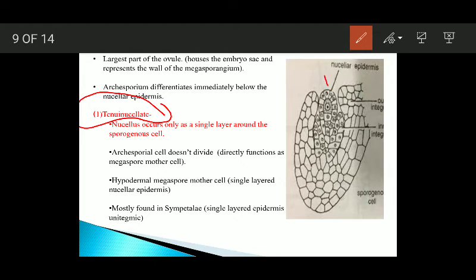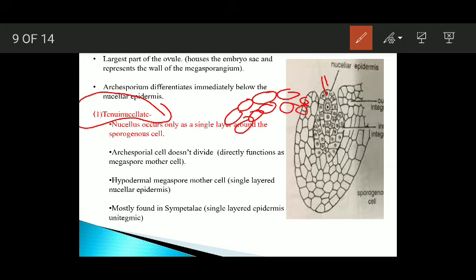This is the nucellar epidermis, the outermost layer of nucellus. You obviously have other layers inside this layer.